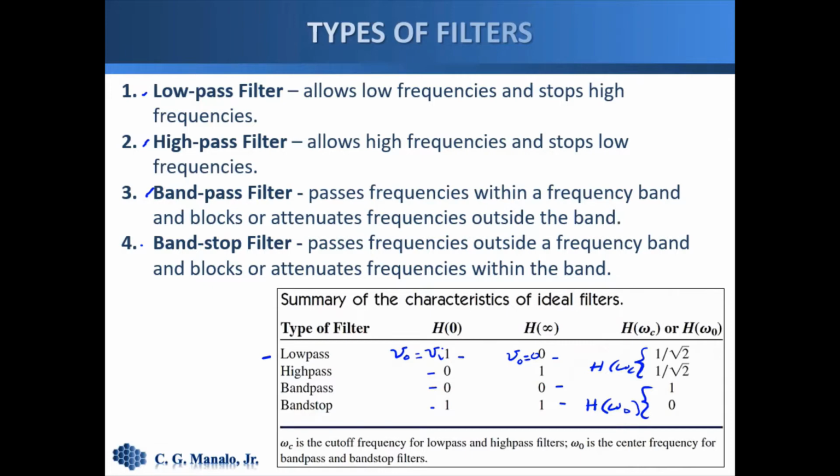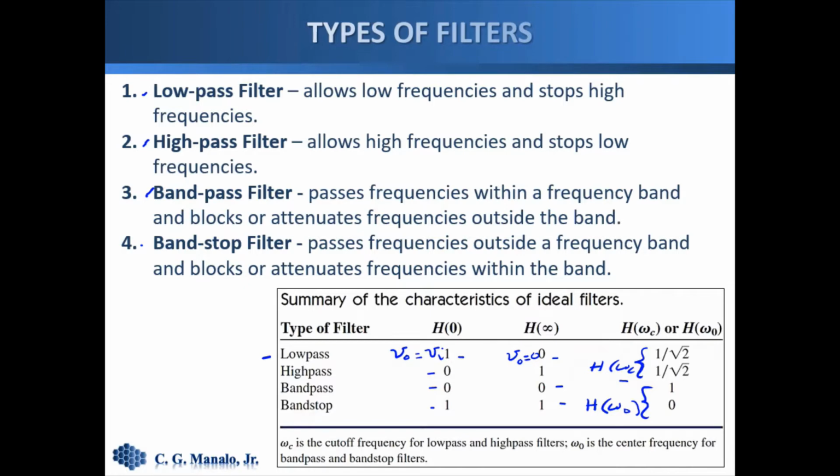First of all, what is a cutoff frequency? A cutoff frequency is the frequency where, below or above that frequency, the signal might be allowed or blocked depending on whether you're using a low pass or high pass filter.